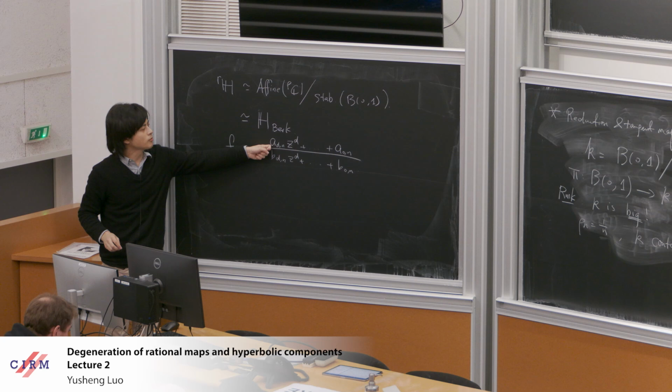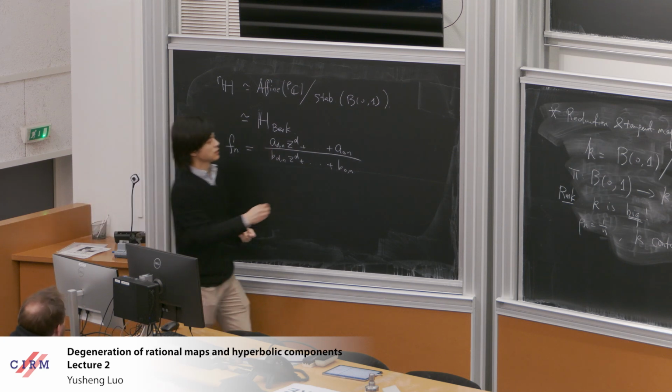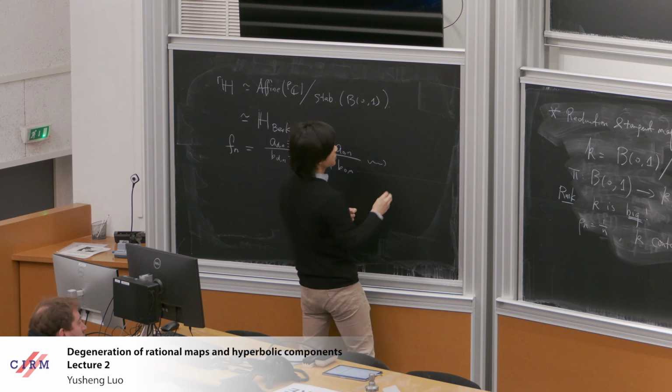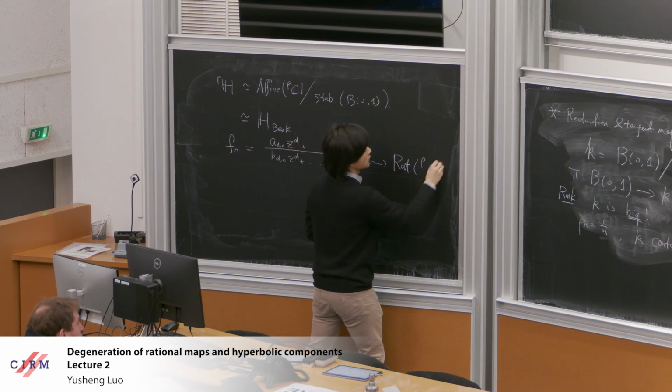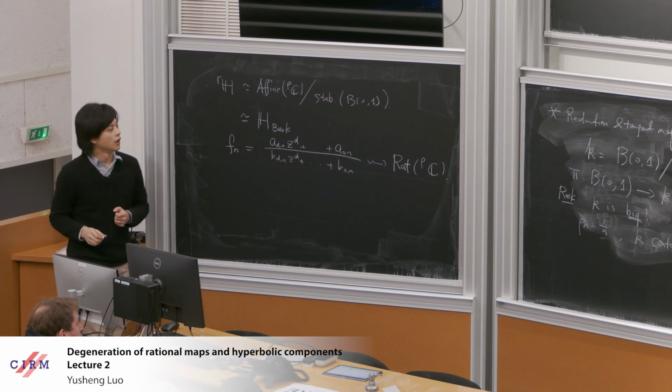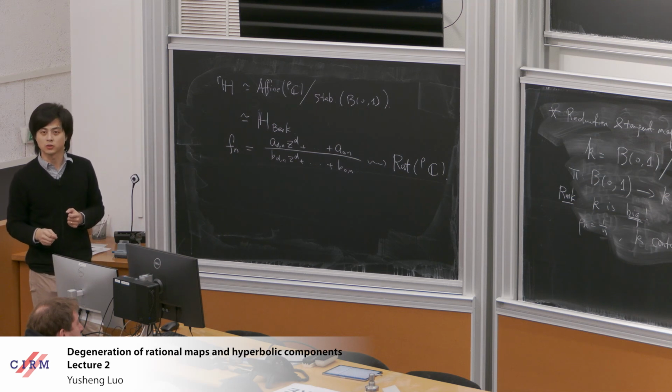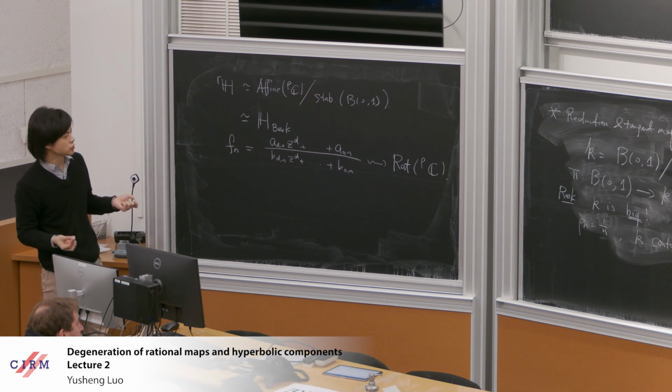Then I can take the coefficients as sequences. This gives me a rational map with coefficients in this field, this Robinson's field. A priori, the degree might drop; it might not be d.